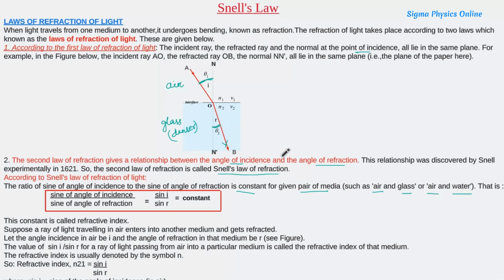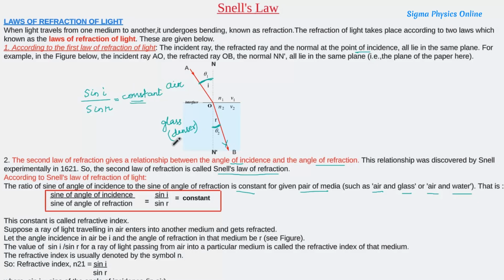Now it forms an angle which is known as the angle of refraction. Now if we find the sine of this angle of incidence and then divide it by the sine of this angle of refraction R, we will get a constant value always.